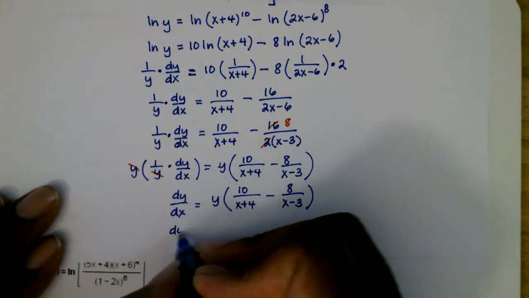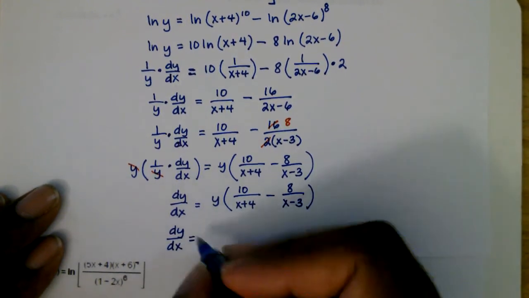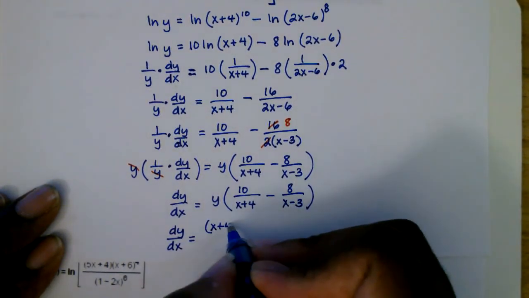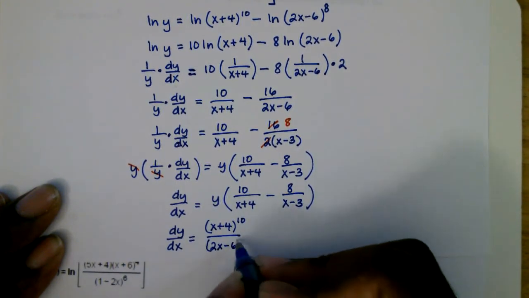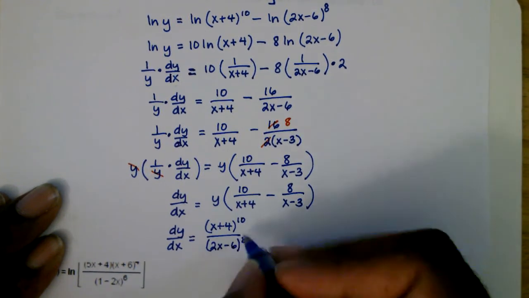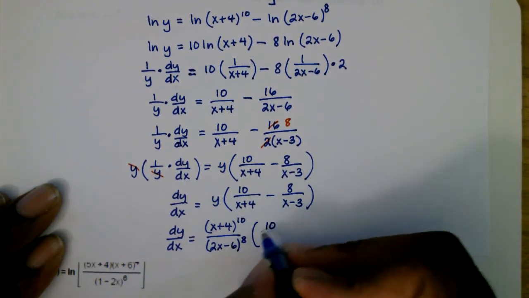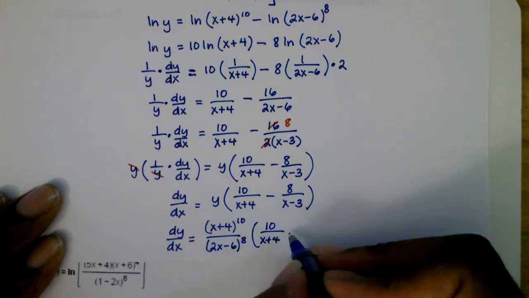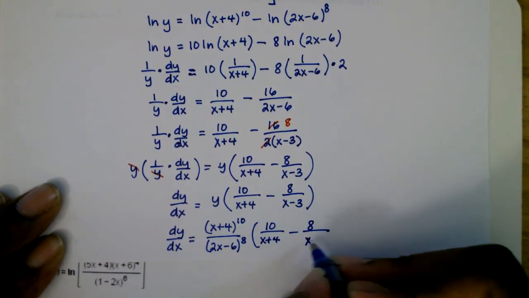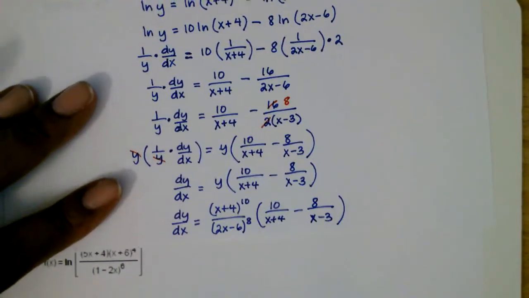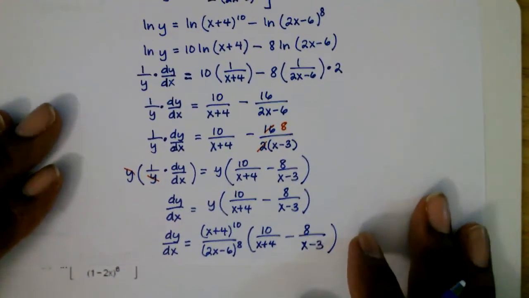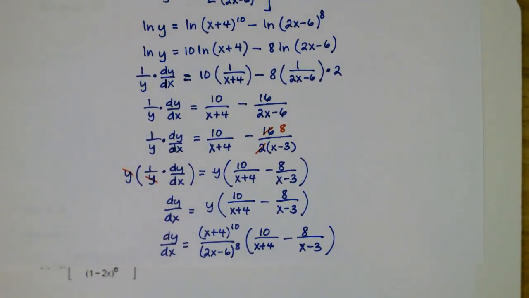So now dy dx will finally be equal to x plus 4, and that quantity is to the 10, divided by 2x minus 6, the quantity raised to the 8. And that's going to be multiplied by 10 over x plus 4 minus 8 over x minus 3. And that will be my final answer to that problem. I will not take it any further than that. Okay, so that would be the derivative of y with respect to x using logarithmic differentiation.